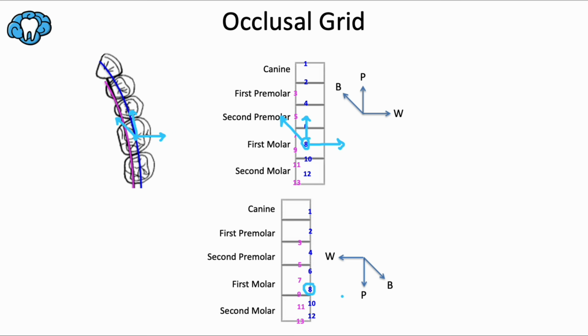For protrusive movement, for example, we know the maxilla is not moving and the mandible moves forward. So relatively speaking, the maxilla moves backward. I'll say that again. If the maxilla is not moving and the mandible is moving forward, then the maxilla is moving backward relative to where the mandible is going.